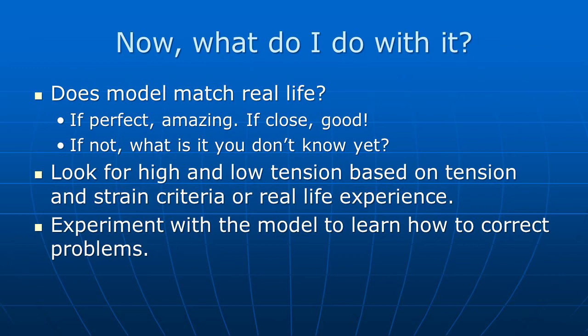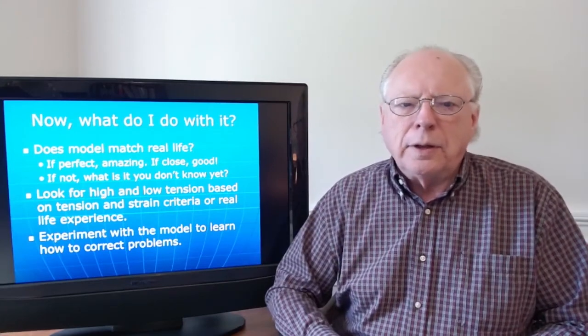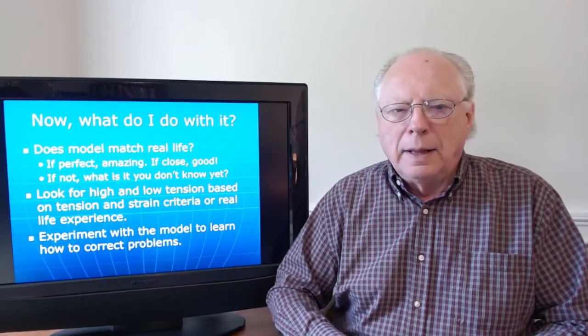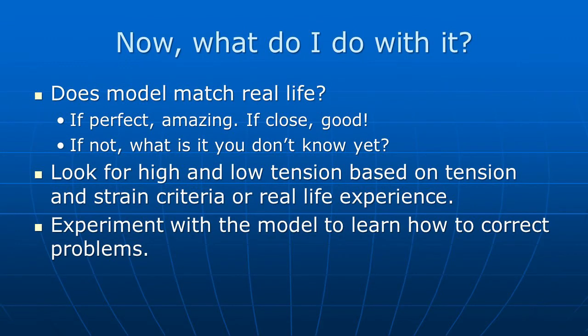If your model says it should run perfect and your line doesn't run at all, you need to sort that out and understand what the discrepancy is. It might be the machine, it might be the model. Now, the other thing you can do with this is, if you do want to get a little bit more complex in your models, you can plot your tensions, you can look for high and low tensions, you can compare them to your tension criteria for high and low tension, high and low strain.